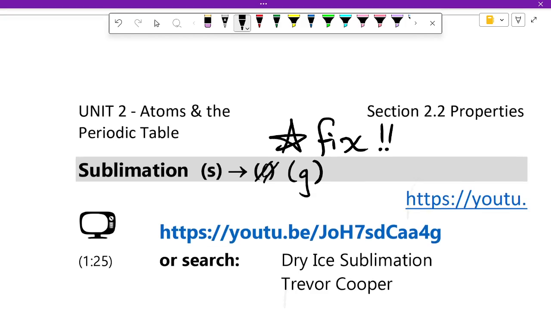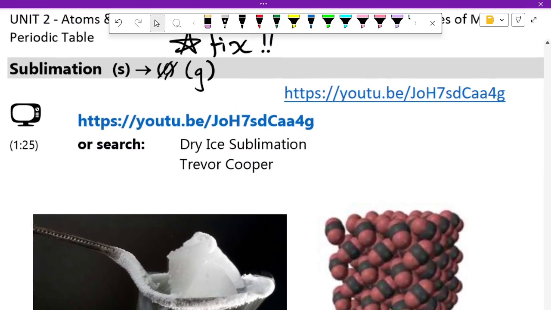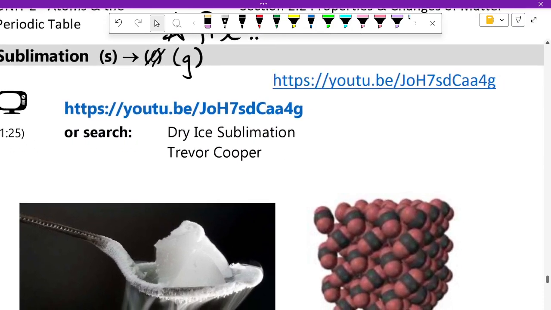So this is on page 50 now. Oh, what's happening here? And this only happens with certain things, but this is like the dry ice. What substance is dry ice made of? Dry ice is made of a gas that has deposited and it is now a solid.